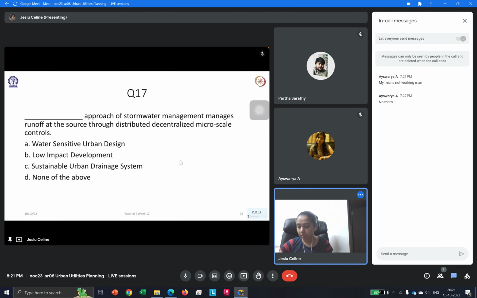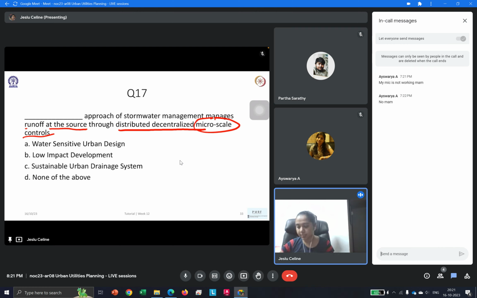Question 17. Dash approach of stormwater management manages runoff at the source through distributed, decentralized micro-scale controls. So it's a stormwater management method which manages surface runoff at the source itself by distributed, decentralized micro-scale controls. This is important. We're looking at micro-scale control.